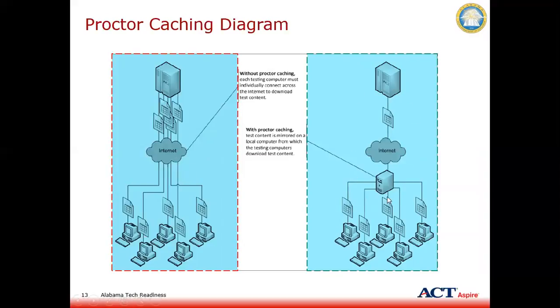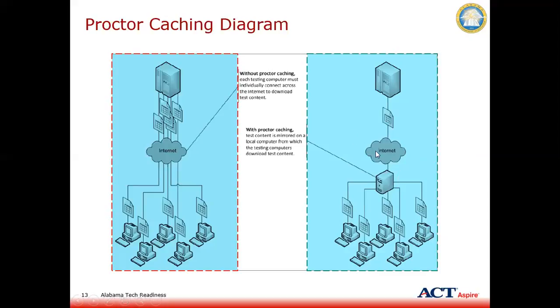Here on the right, we have Proctor caching. We see that, again, about a week before testing, you're going to pull down that individual form once, to your local Proctor caching computer or computers. And then that Proctor caching computer is going to be what serves the test content to each of the individual student computers.